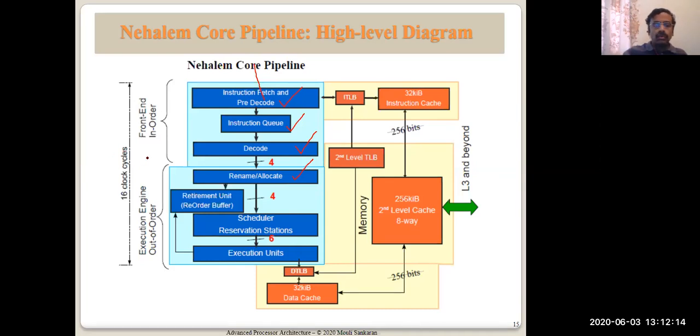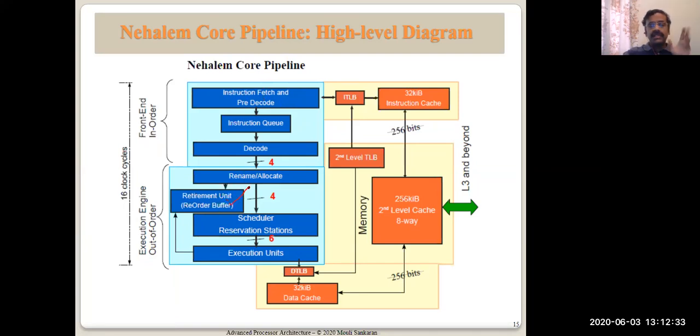The register set is not shown. You can assume something here which is accessed by all these units. So once renaming is done, that means the dependencies, whichever can be avoided, are taken care of.